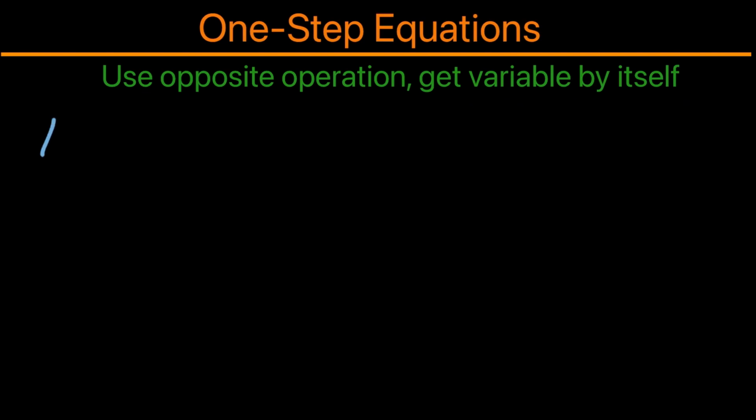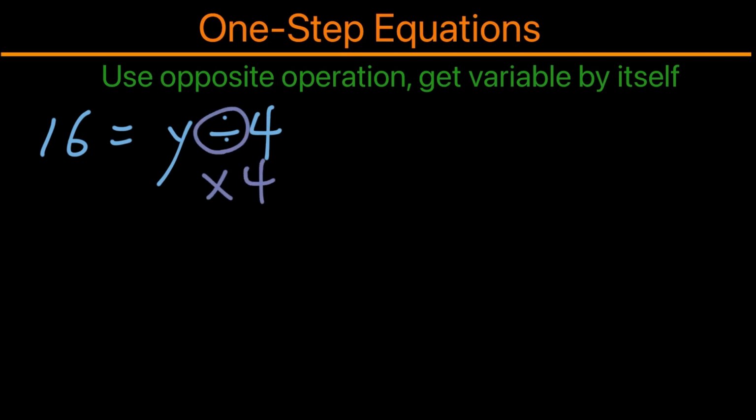And here's a final example. This would be a division equation. For this, we would multiply by 4. This crosses out.